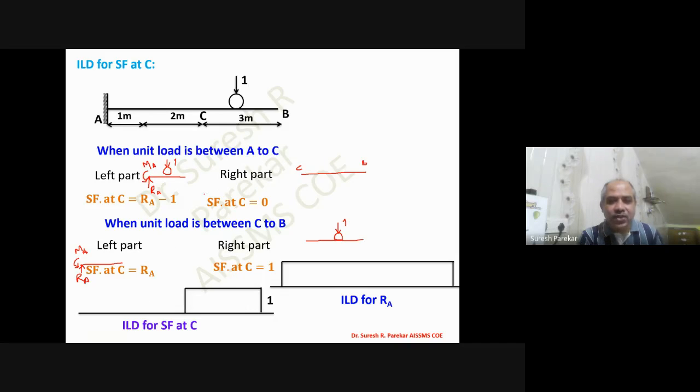We are going to consider this equation, and then this equation. Then in between C to B, what is my value? 1. So I have plotted this value. Here somewhere you have A, here you have C, and here you have B. If you also consider the ILD for RA between C to B, you will again get 1 only. So that is your choice, which equations you use.